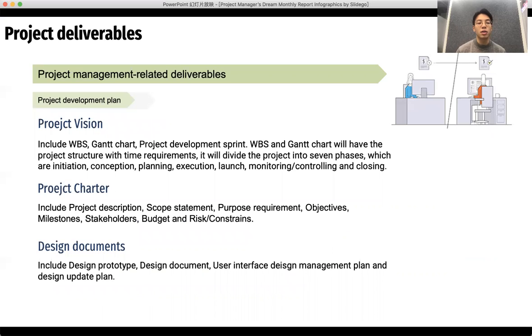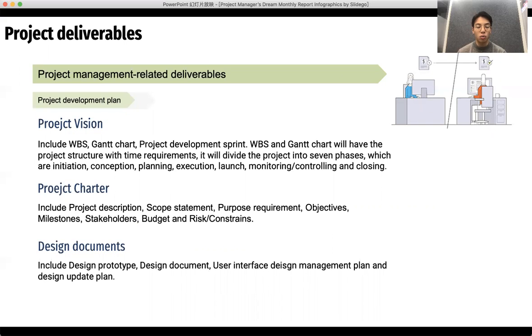The first one is the project development plan. It includes the project vision, project charter, and the design documents. The project vision includes work breakdown structure, Gantt chart, and project development sprint.